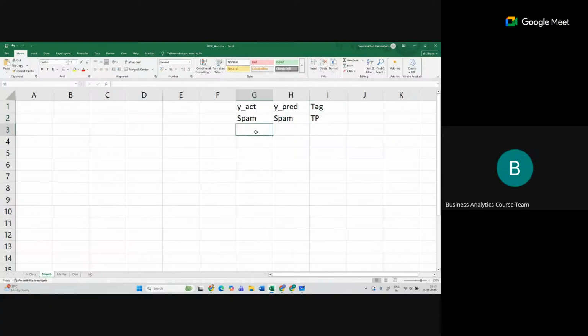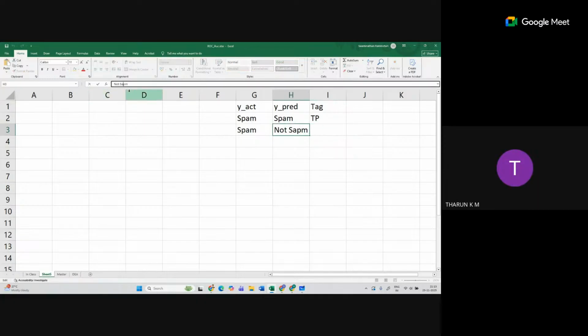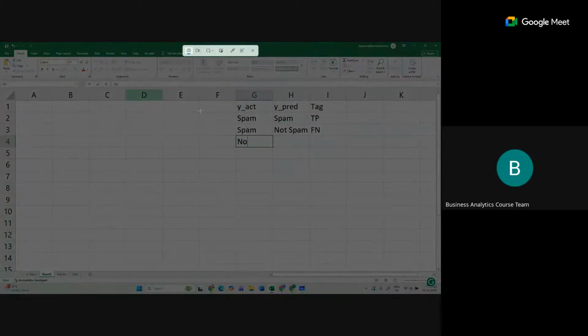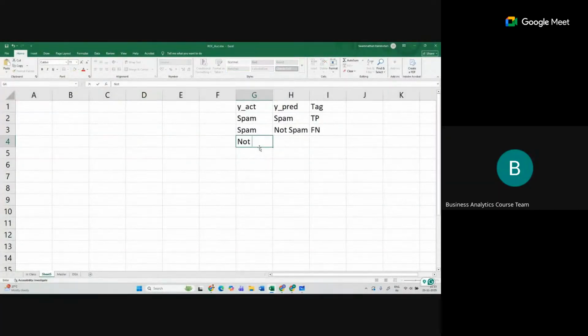So if your actual is spam and your prediction is not spam, what is this called? False negative. Similarly, not spam, and spam. What is this called? False positive. Not spam and not spam will be true negative.